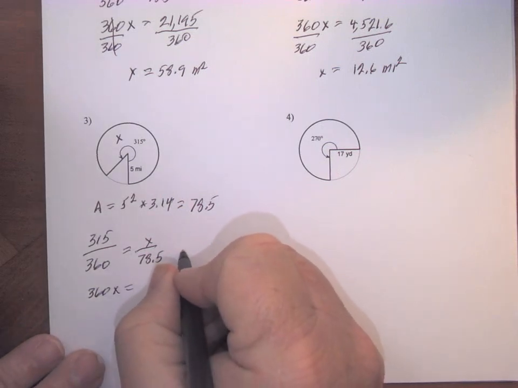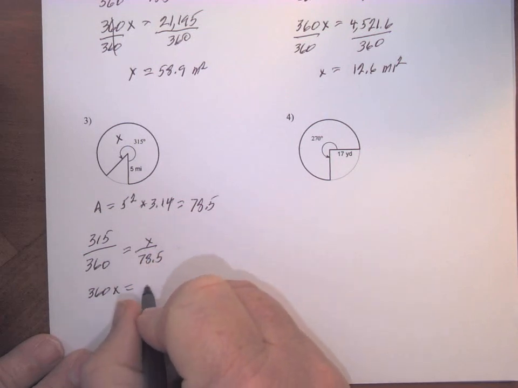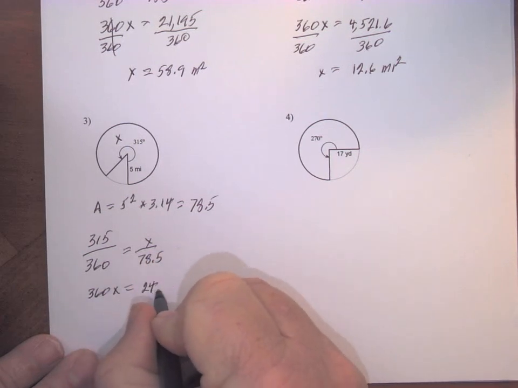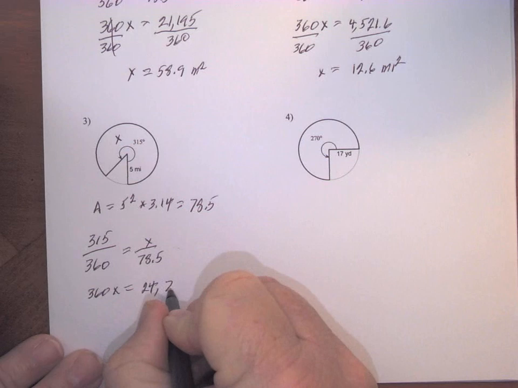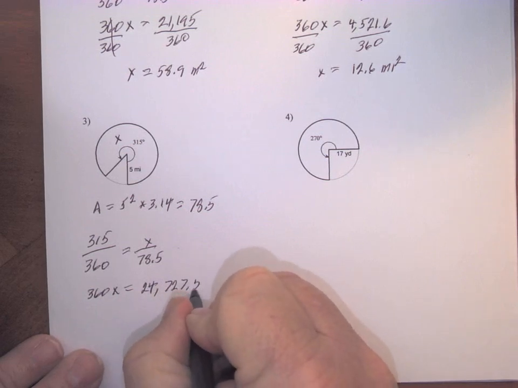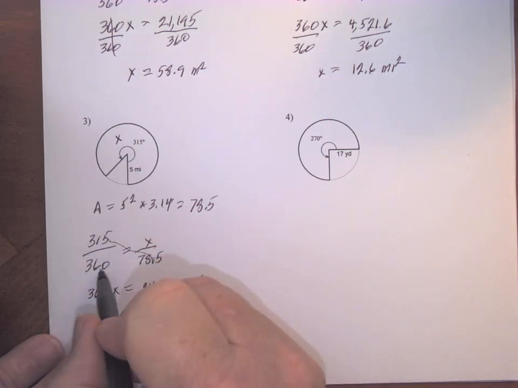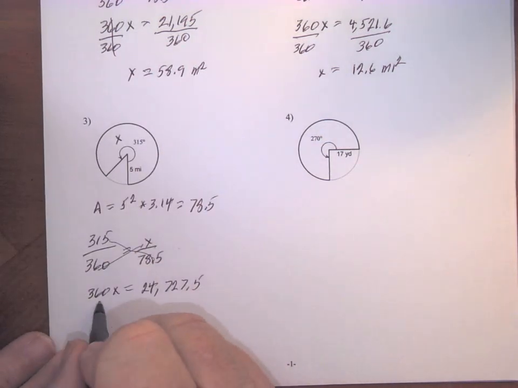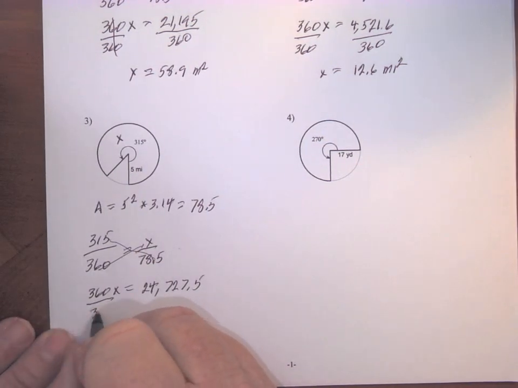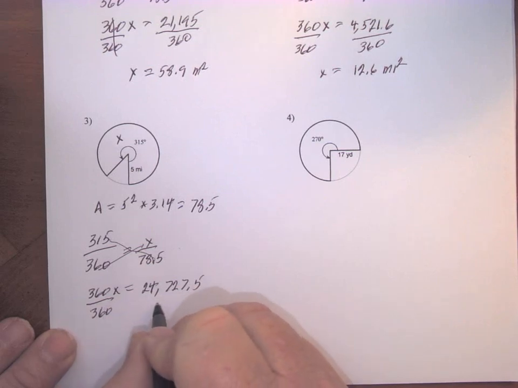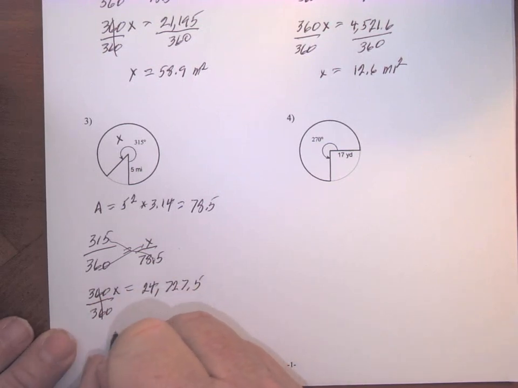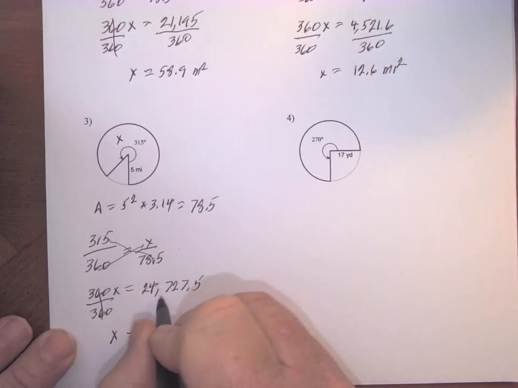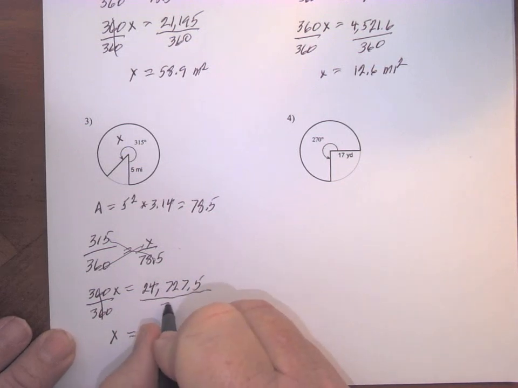Okay. 24,727.5. And again, that's cross multiplying, just like we did up there, just like we've done before. If we divide both sides by 360, those go away, and we're left with x is equal to this divided by 360.